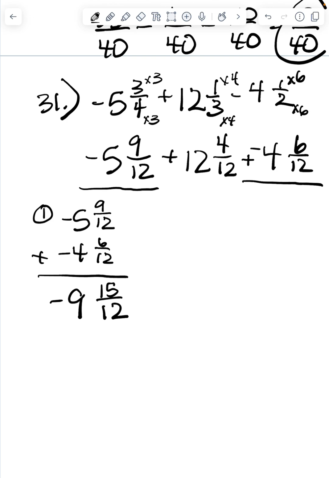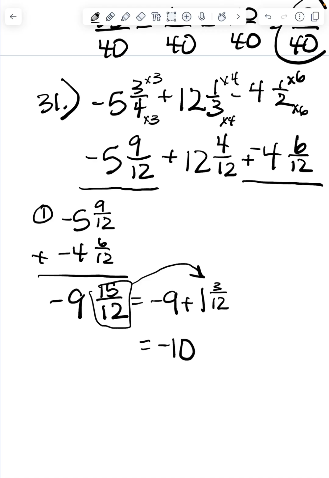And remember, this is actually the same as -9 and 1 and 3/12, because this 15/12 over here is the same thing there. And I'm doing that because I don't want to have an improper fraction as a part of a mixed number. So that means this is actually -10, and I'm going to reduce it away right away, 1/4.